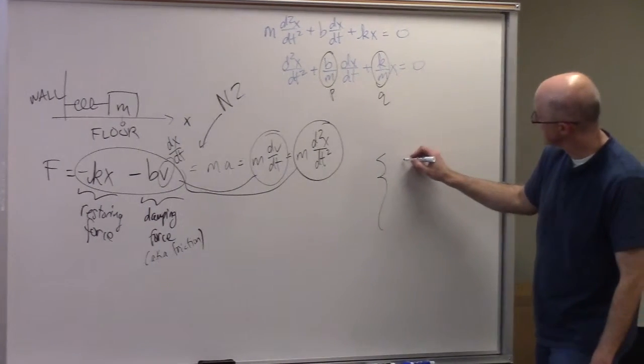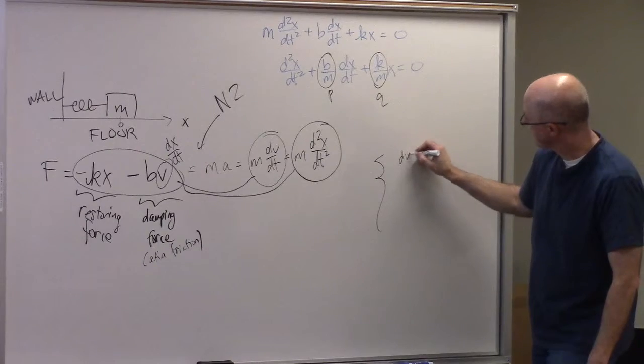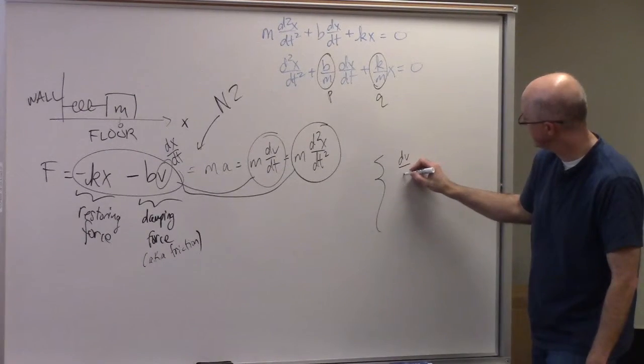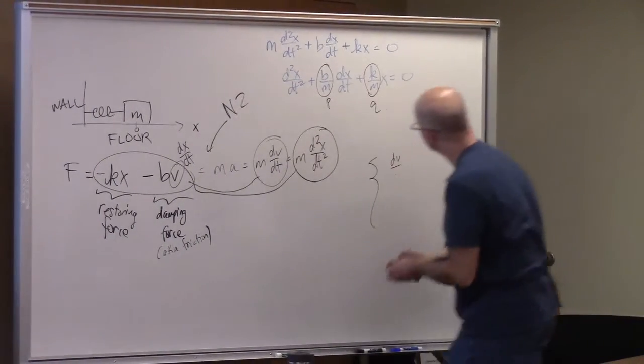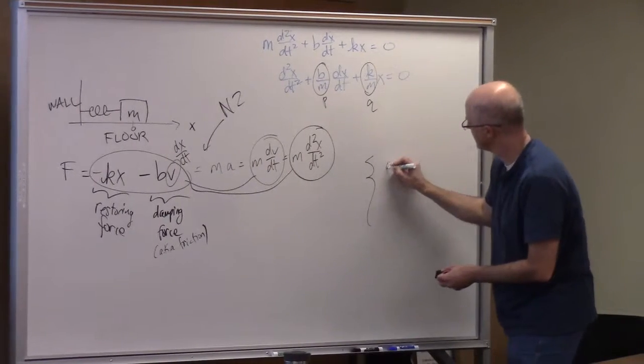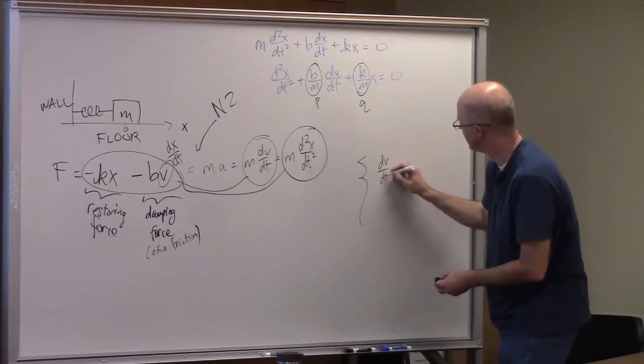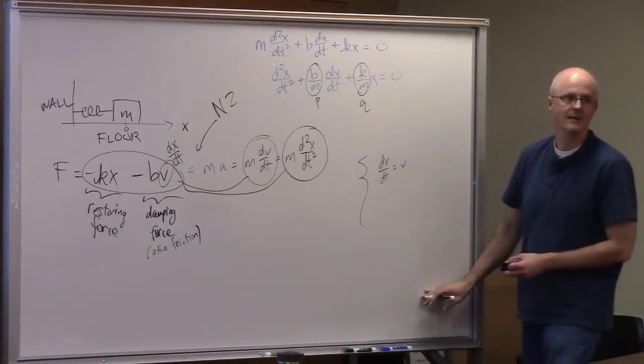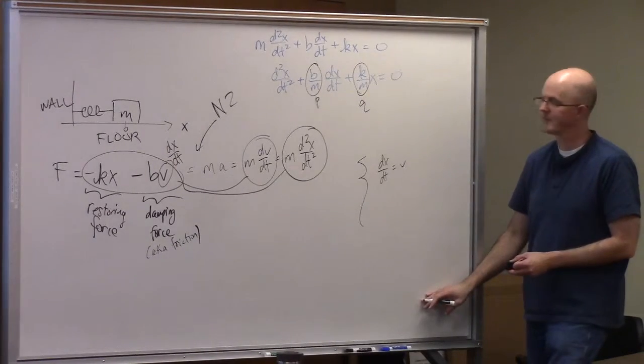So I'm going to write a system of differential equations here. The first of which is the fact that the velocity is the derivative of the position. The derivative of x with respect to time is the velocity. That's the first equation in my system.